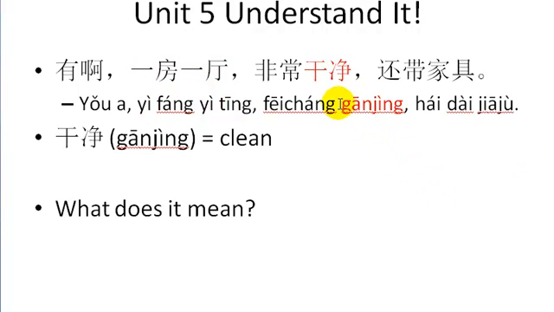Okay, 干净. So 干 literally means dry. 干净, this word means clean. 干净, 非常干净. So we have 有啊一房一厅非常干净还带家具. Okay. So you should be able to sort this out. Please pause and write down what you think this means.